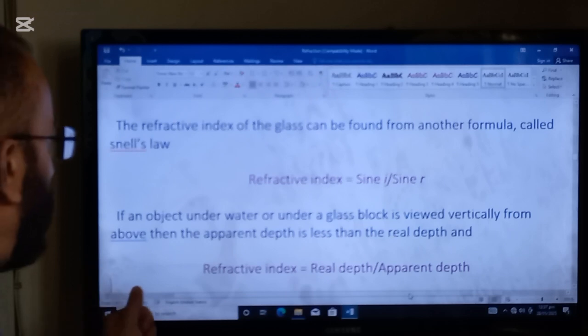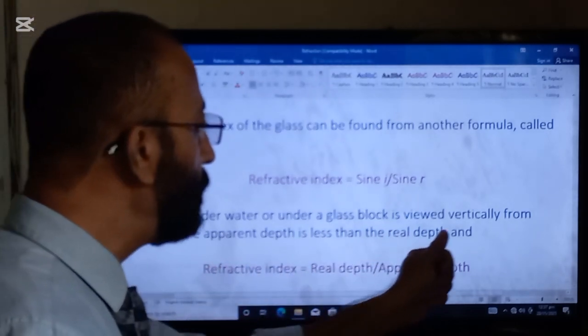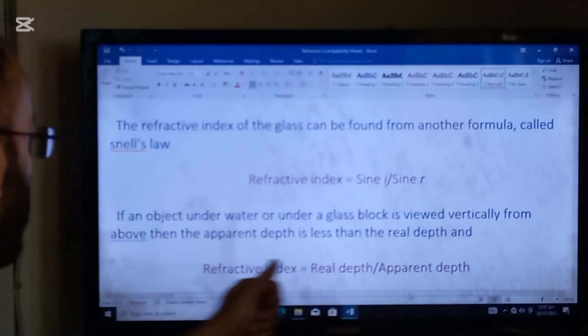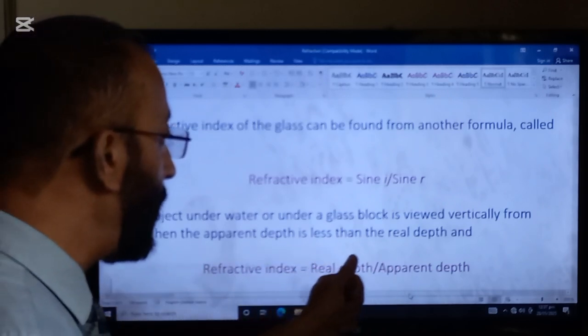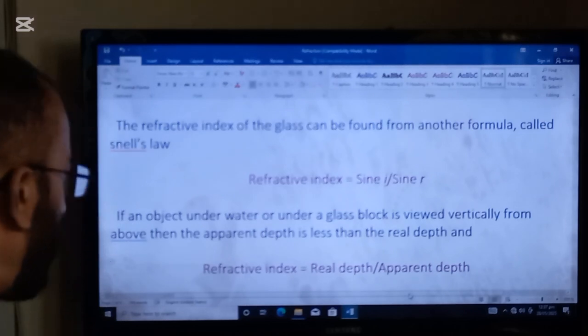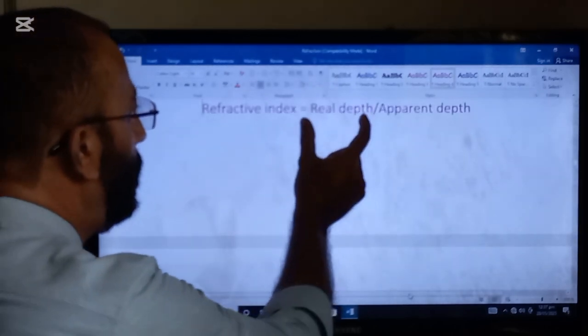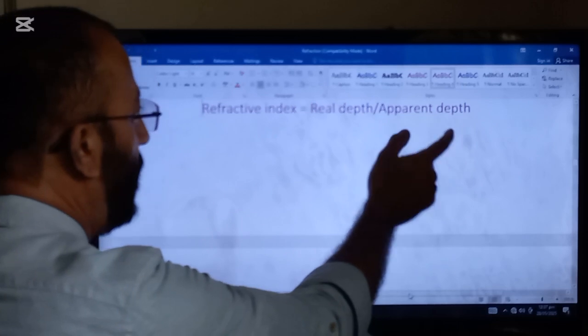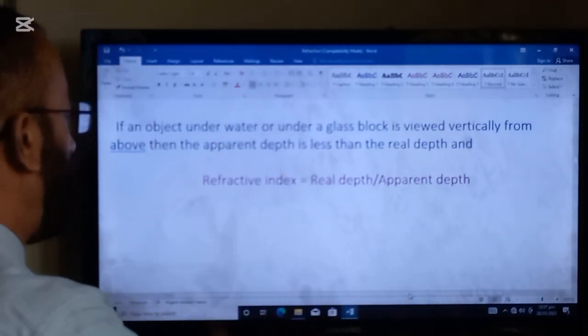If an object underwater or under a glass block is viewed vertically from above, then the apparent depth is less than the real depth. And refractive index is equal to real depth over apparent depth. These are very important points. Look again.